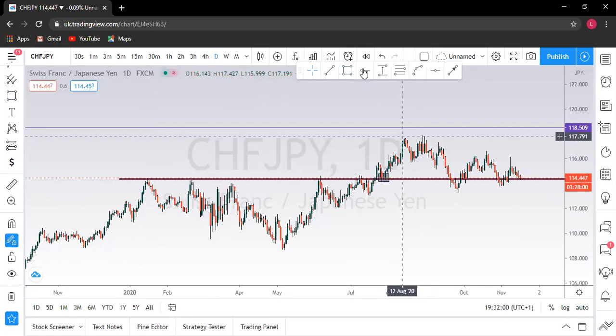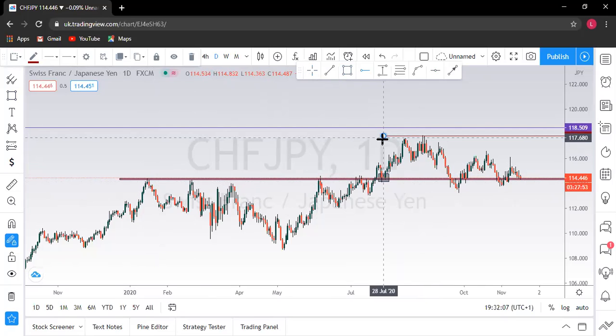So you can also take your tools and draw out this resistance, because it is also a key level or a significant level which you can target in future. So that is the reason why you need to draw it out.